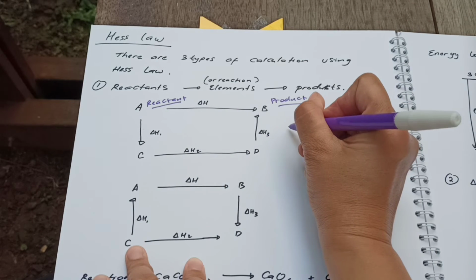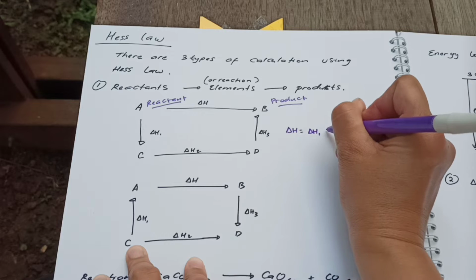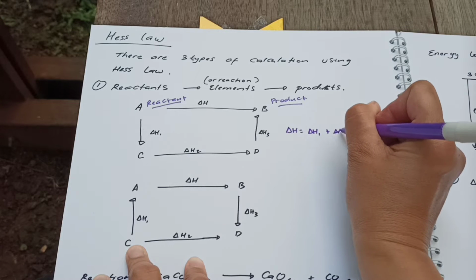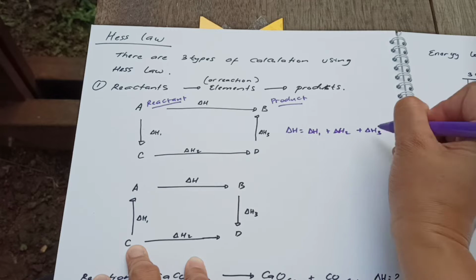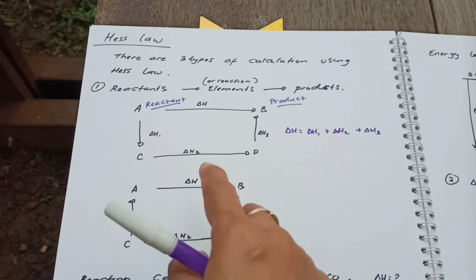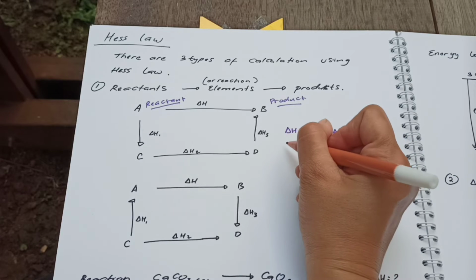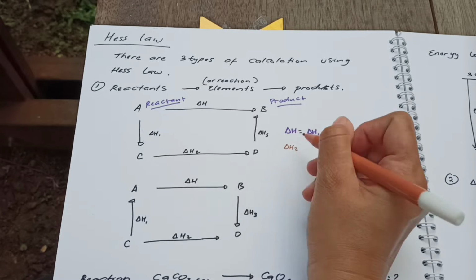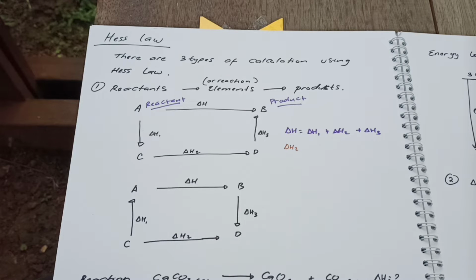Here, delta H will be delta H1 plus delta H2 plus delta H3. Then, if you are being asked for delta H2, for example, let's say the question asks delta H2, which is the reaction from C to D. So all you have to do is do some math.